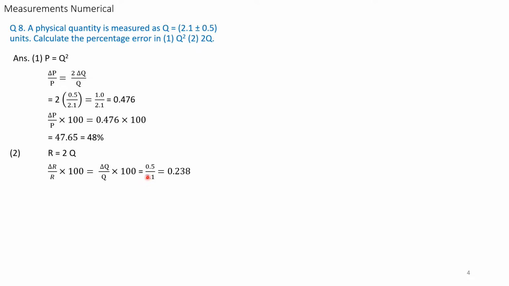That is equal to delta Q by Q, 0.5 divided by 2.1, which is 0.238. Please note, when P is equal to Q square, you have to take twice delta Q by Q. Whereas in this second case, 2Q is given, so 2 has to be ignored and we have to take delta Q by Q only, because Q is to the power of 1 only. So therefore, the percentage error in R is 0.238.